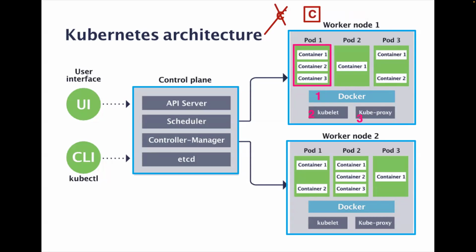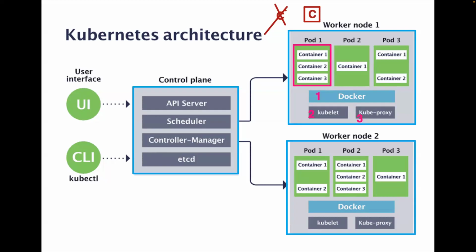This layer of abstraction is helpful so that you can run any container. This container may be a Docker container, Rocket container, whatever container it is, it could still run the same way. That's how the pod layer provides a layer of abstraction.